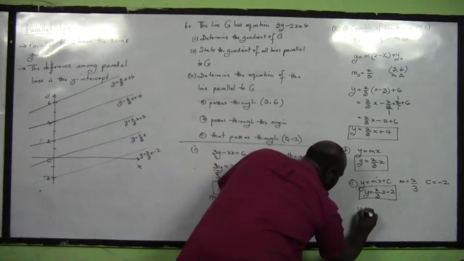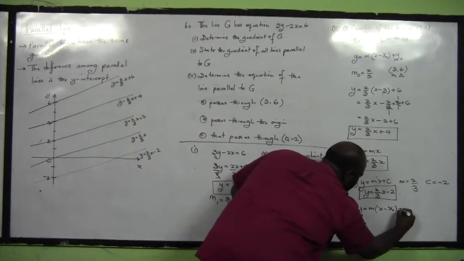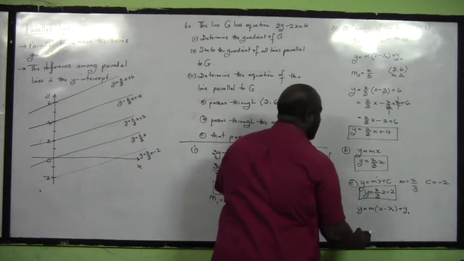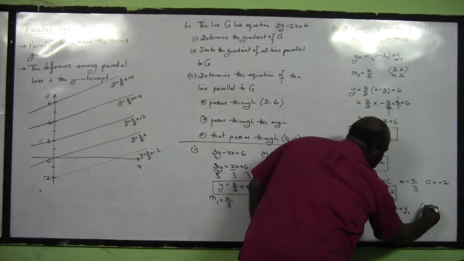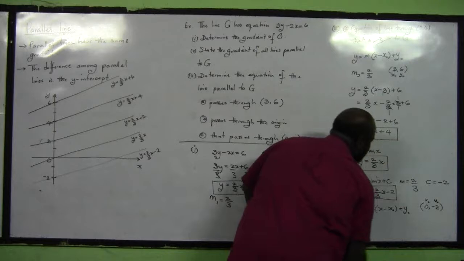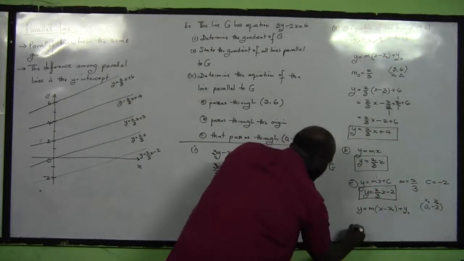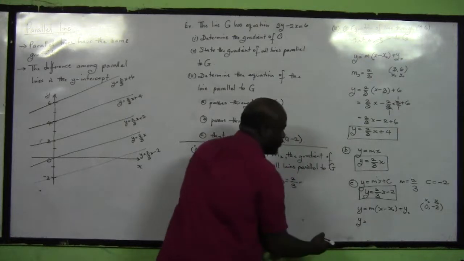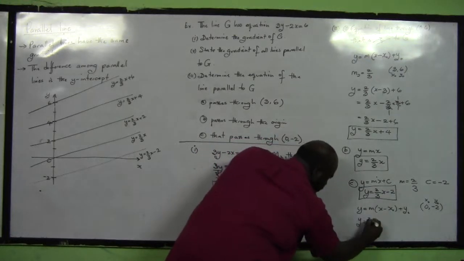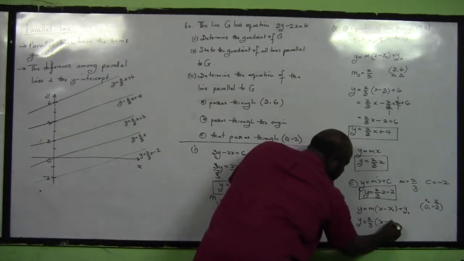y is equal to m into x minus x naught plus y naught. Your x naught, y naught would be 0, minus 2. Let's put it in. y equals, what is m? 2 over 3. x minus, what is x naught? 0.